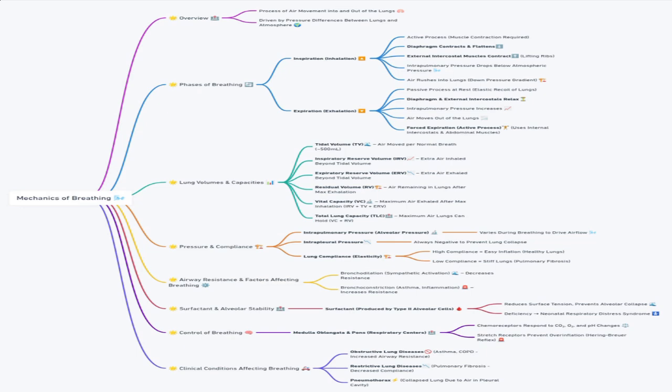Whilst the other side that has no issue, there will be 760 atmospheric pressure, the transpulmonary pressure 760 and 756, which is a negative pressure, helping the lung to recoil.